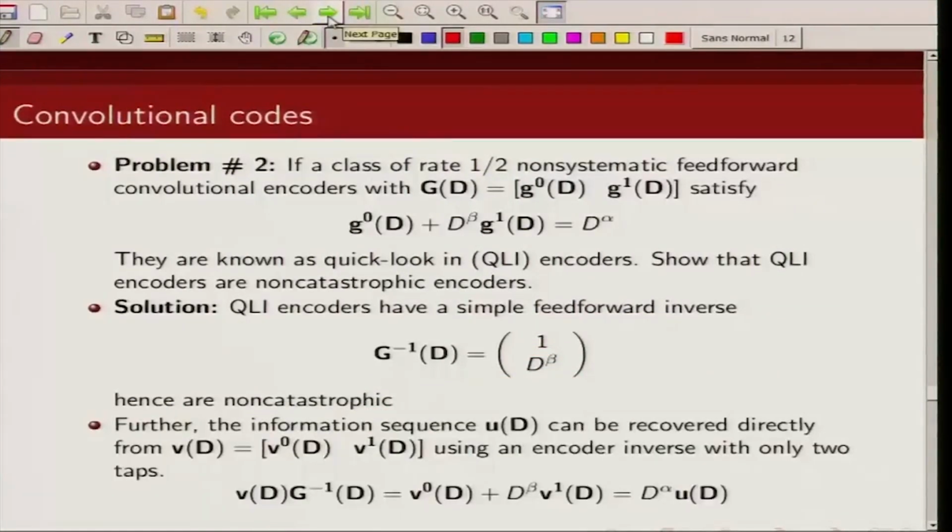And as I said, you can very easily recover your information sequence by making your coded sequence pass through this encoder inverse.